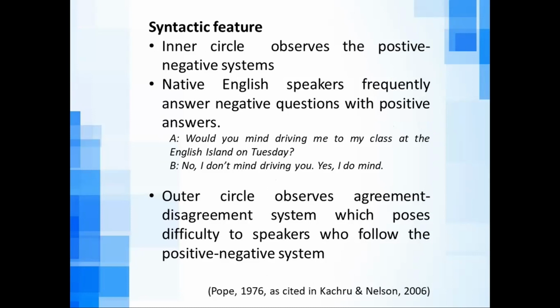Members in the inner circle usually observe the positive-negative system of questioning. Native English speakers frequently answer a negative question with a positive answer. For example, if the question is positive, the answer confirming the assumption of the questioner is positive.